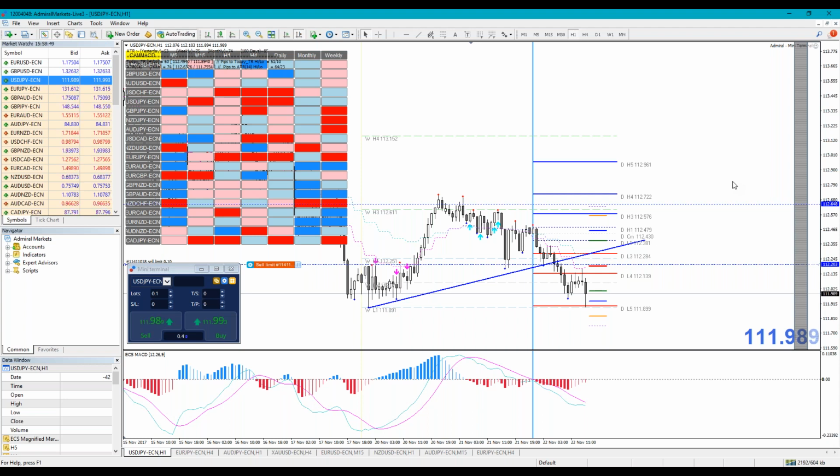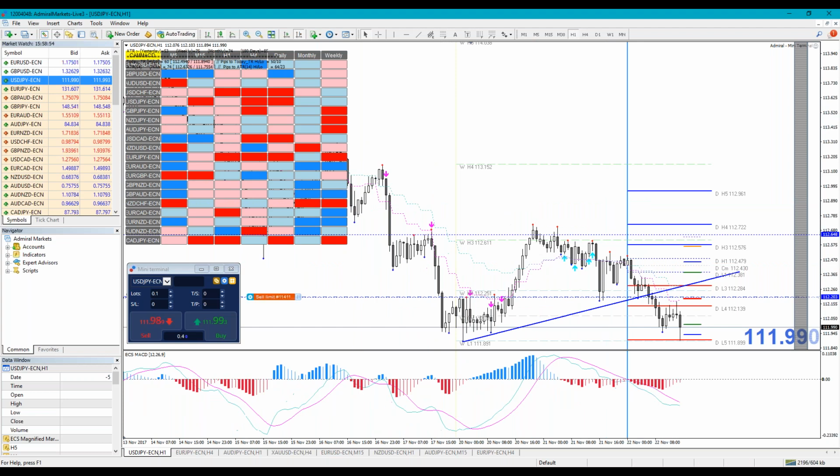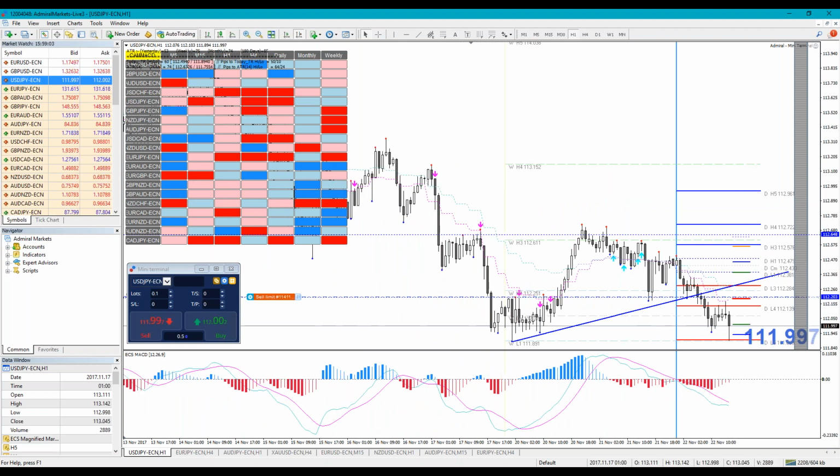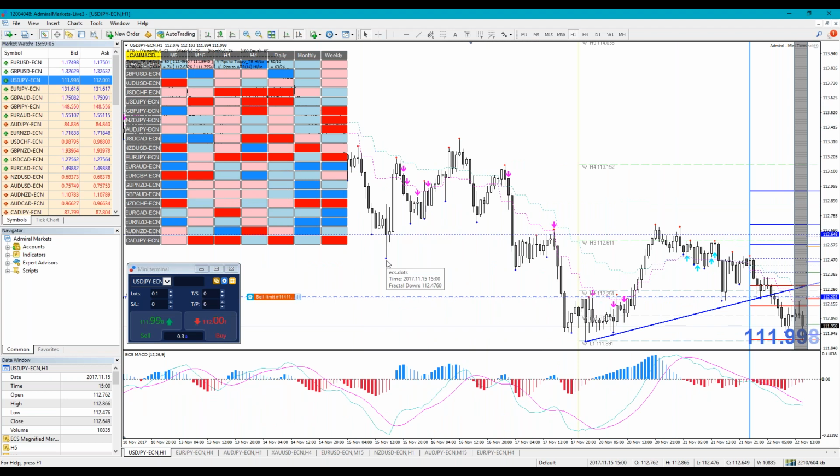Nicola is asking, how do you pick specific order block points in order to draw that blue line? Very easily. When I see this dot, I just go to the left and I see the most obvious point. So this is an order block here, but this is also an order block, even stronger. But the two are very, very close. I would say this one is stronger because of these double tops and double bottoms.